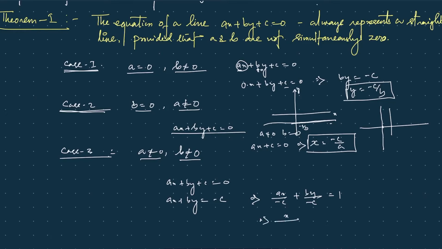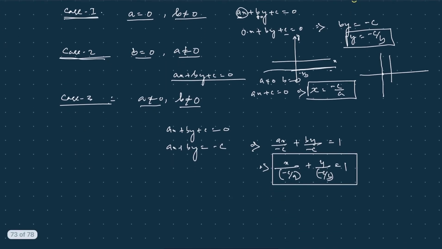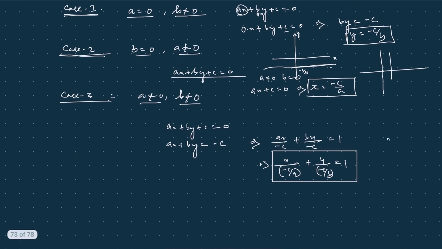Then can I write it like this: x divided by minus c by a plus y divided by minus c by b is equal to 1. This is the intercept form. We have studied the intercept form as x by a plus y by b is equal to 1, if the x-intercept and y-intercept are given to us. But here the x-intercept is minus c by a and the y-intercept is minus c by b.